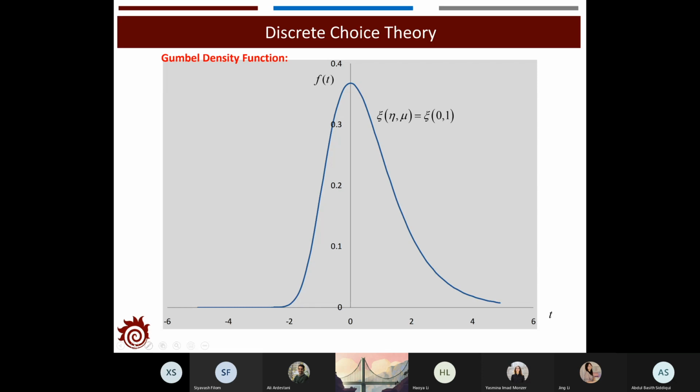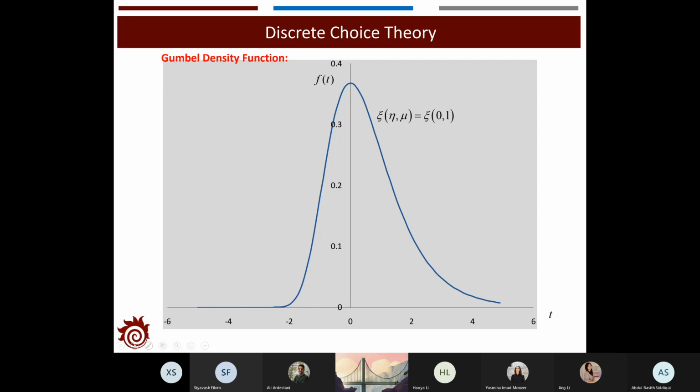On the left side, when the value of t is negative, it's a little bit concentrated toward the y-axis. But on the right side, the slope is a little bit flatter compared with the trend on the left.